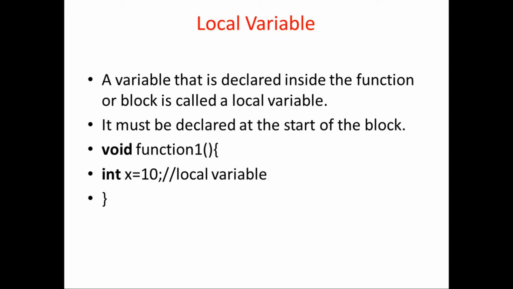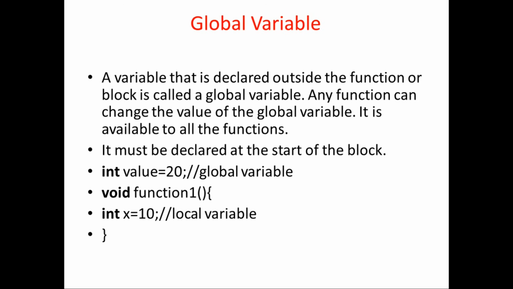Here they have given an example, void function 1. This is a function, and within the curly braces, if you declare a variable, it is considered a local variable. So a local variable should come only under the curly braces.